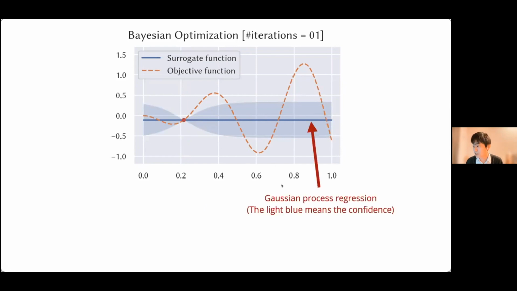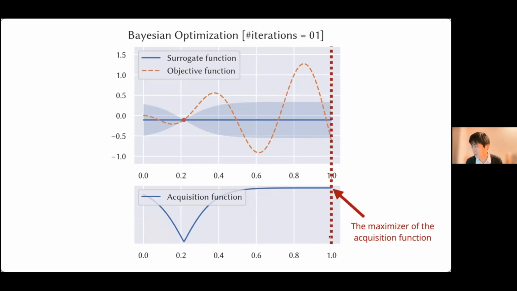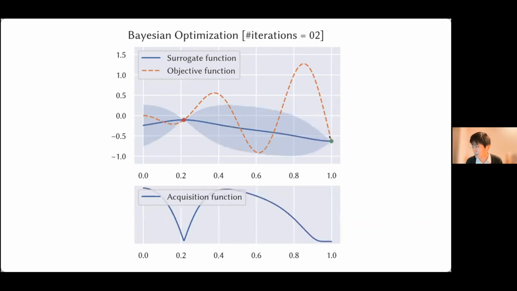And for this estimation, a technique called Gaussian process regression is often used. Using this estimated function, BO calculates the acquisition function, and then it finds the maximizer of the acquisition function. And then in the next iteration, this point is observed.